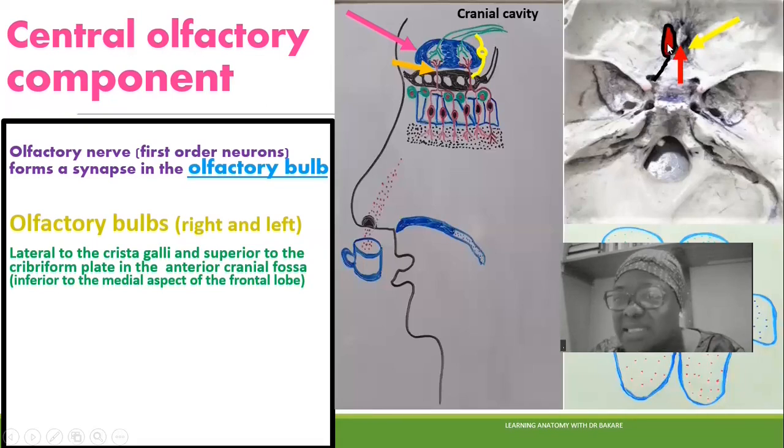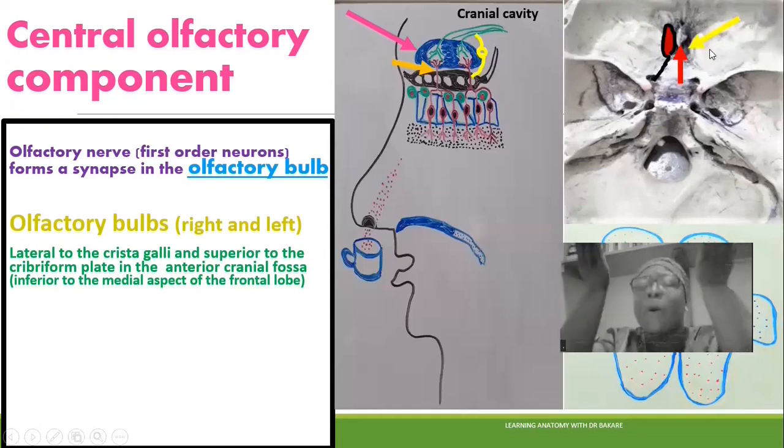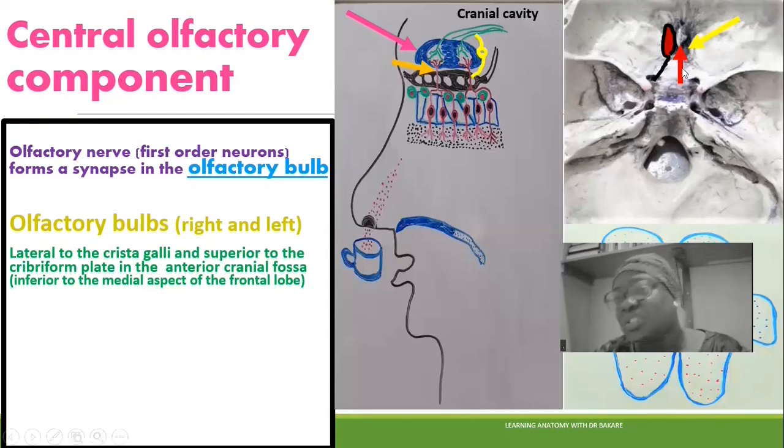You have one on this side and you have another one on the other side. So you see it's located at the upper part or the superior part of the cribriform plate of ethmoid. Well, of course, it will be located on the lateral side of the crista galli. And this is what is captured here in this image. So if you have one olfactory bulb here, you'll be having another olfactory bulb at the other side. And at the middle, you now have the crista galli.